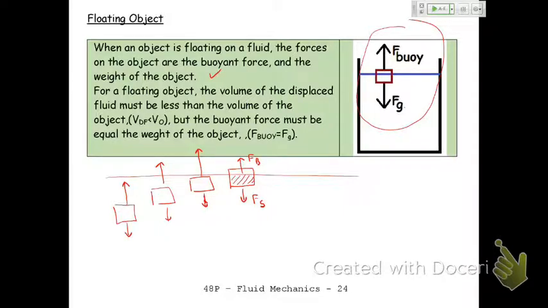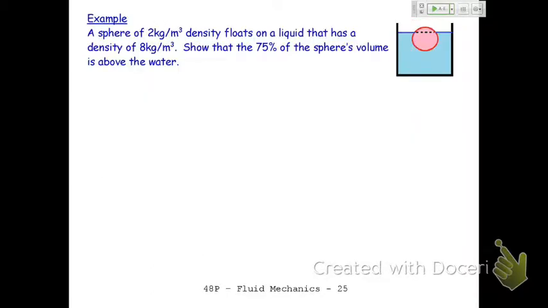If it goes to the surface, the object must have a slightly less density than the fluid. And when it cuts through the surface, the displaced fluid volume must be less than the object's volume because part of the object is sticking out. But the buoyant force must equal the weight.